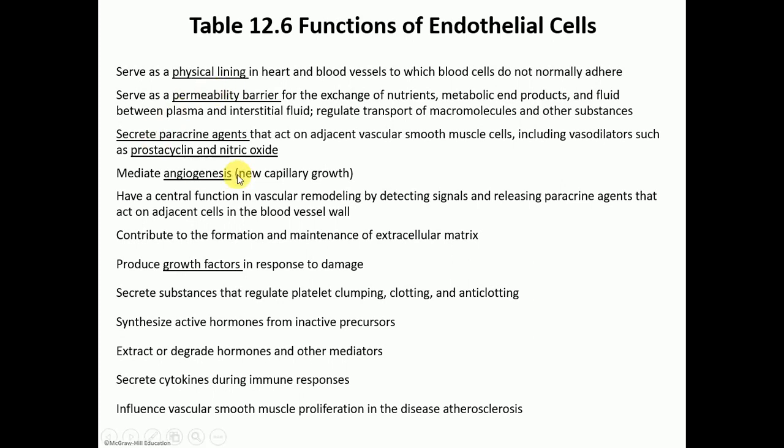They secrete paracrine agents, like we already mentioned, prostacyclin and nitric oxide. They help with angiogenesis, which is the growth of new capillaries, and they produce growth factors. So even if there's damage to the endothelial lining, they make growth factors, and that can stimulate the repair process.